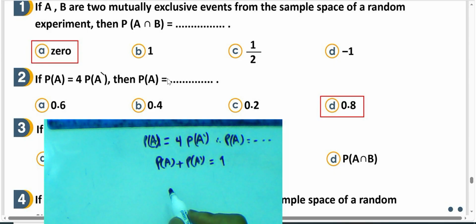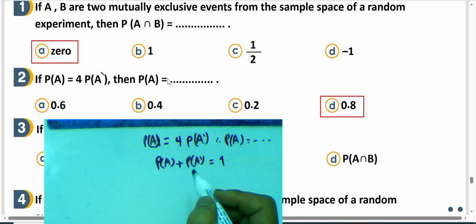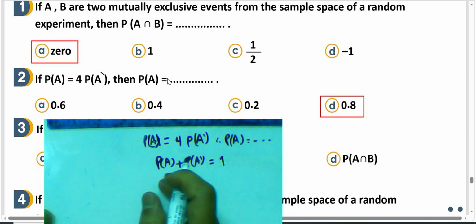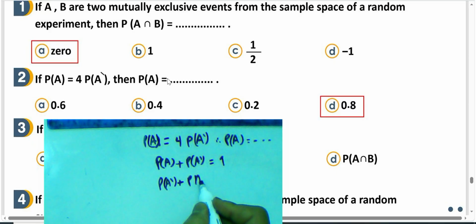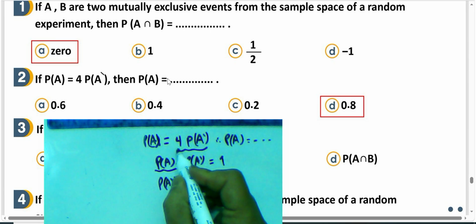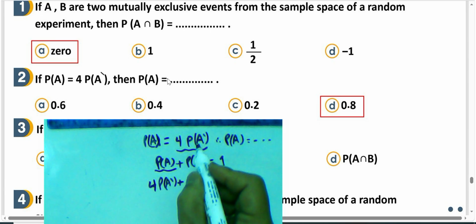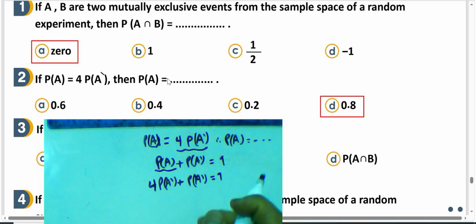Okay, he gives you this information, probability of A equals 4 times probability of A complement. Then we can write probability of A complement plus 4 times probability of A complement, because they are equivalent.